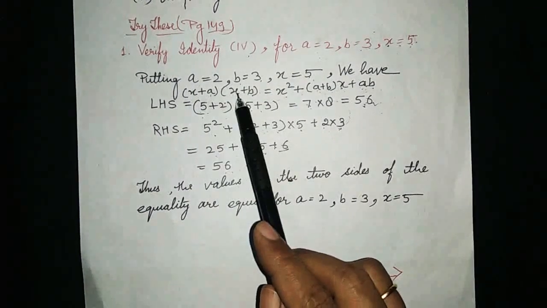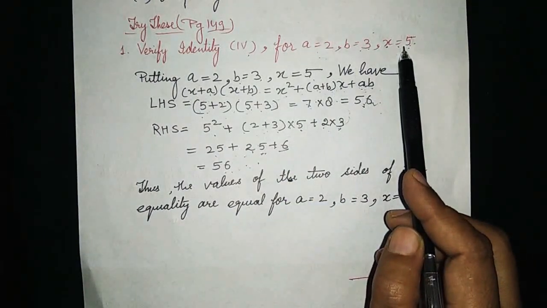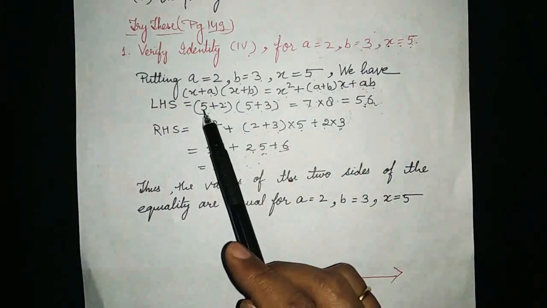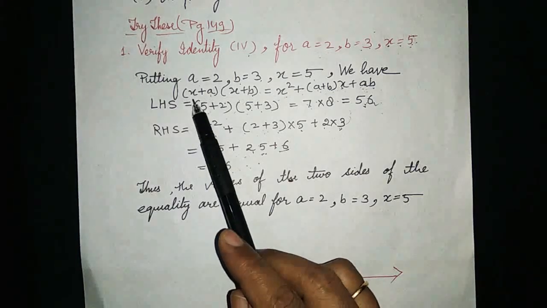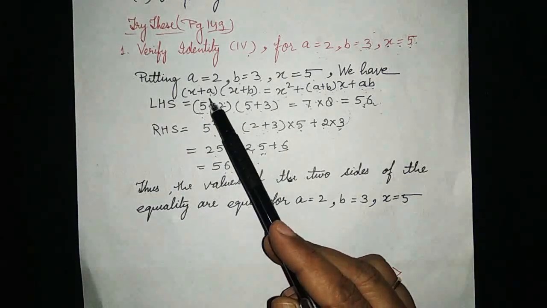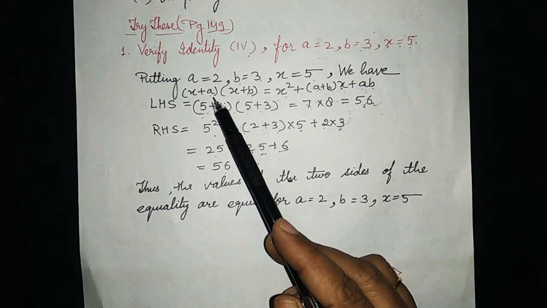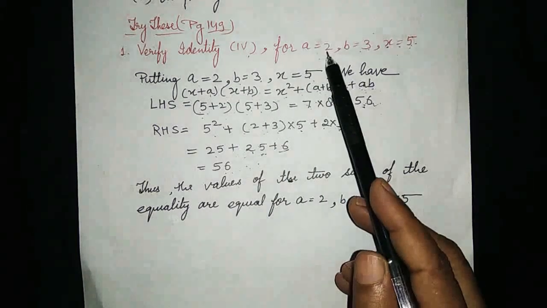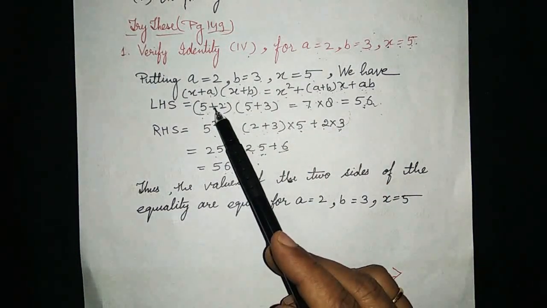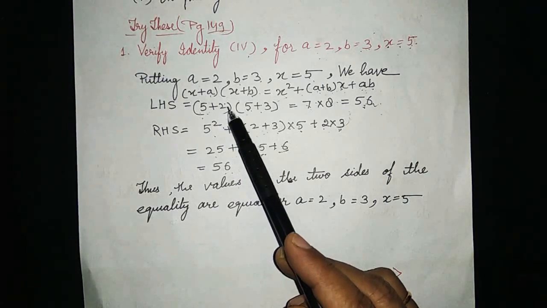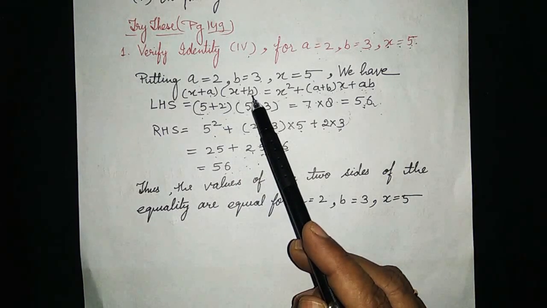For this x we will take value 5, and here we will put 5 for this x. Now we will put value of a. Here value of a is 2. So after 5 we will write plus 2. Now we have to write x plus b.